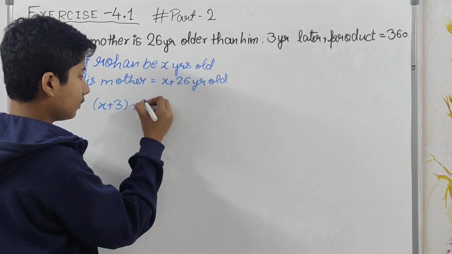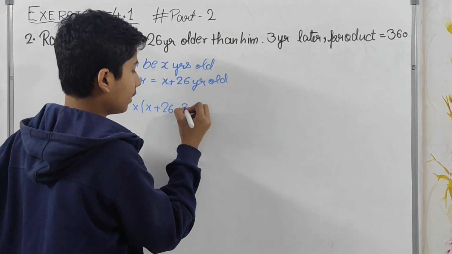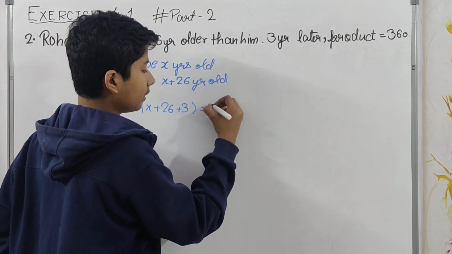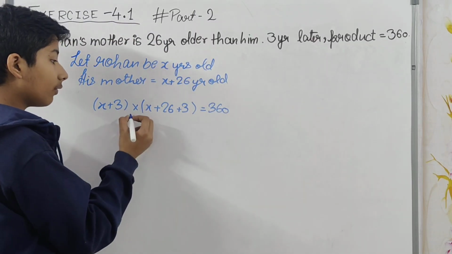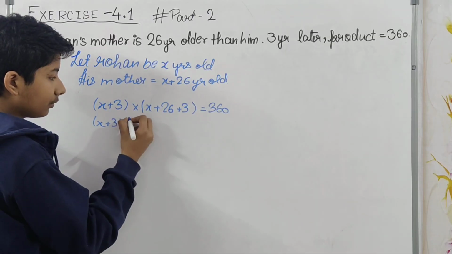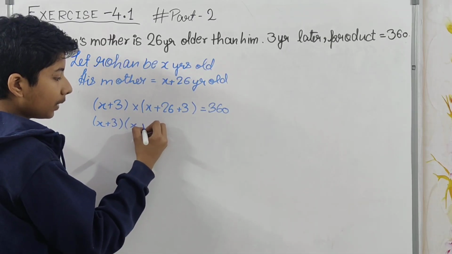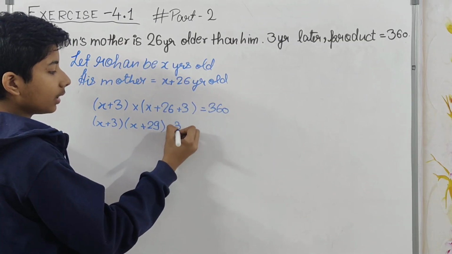into X plus 26 plus 3 will be 360, the product of their ages. So when we solve it, it will become X plus 3 into X plus 29 equals to 360.